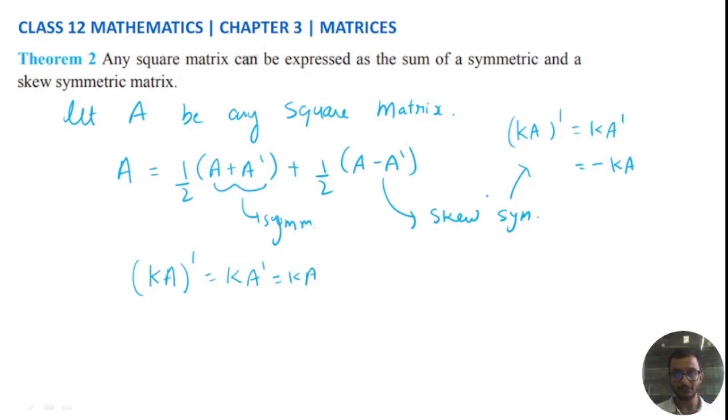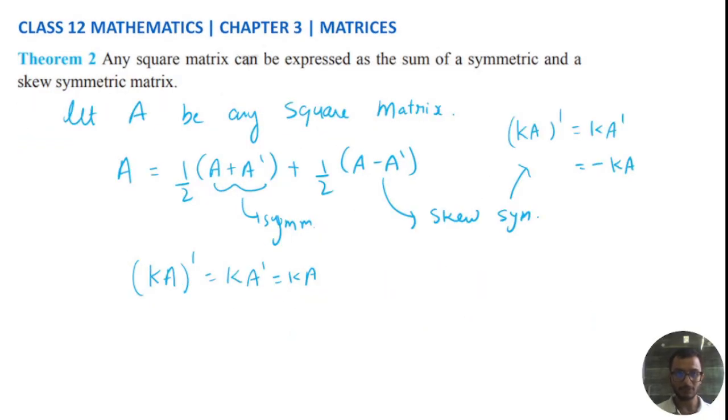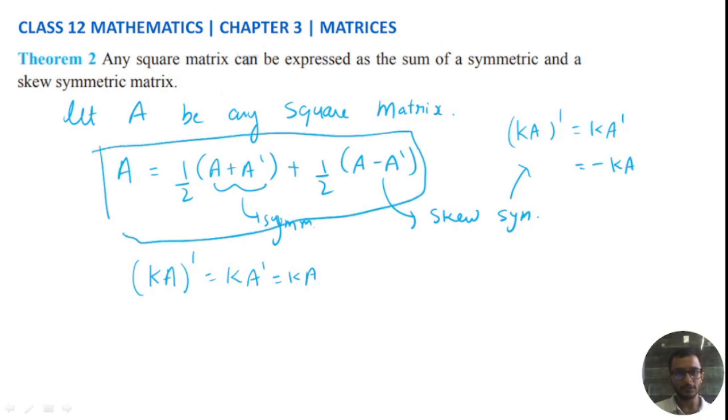You should write it in the way I wrote this theorem. But rather than the proof of this theorem, what is more important here is that you know the way to write any matrix as the sum of a symmetric and a skew symmetric matrix. This is very important from the exam perspective.